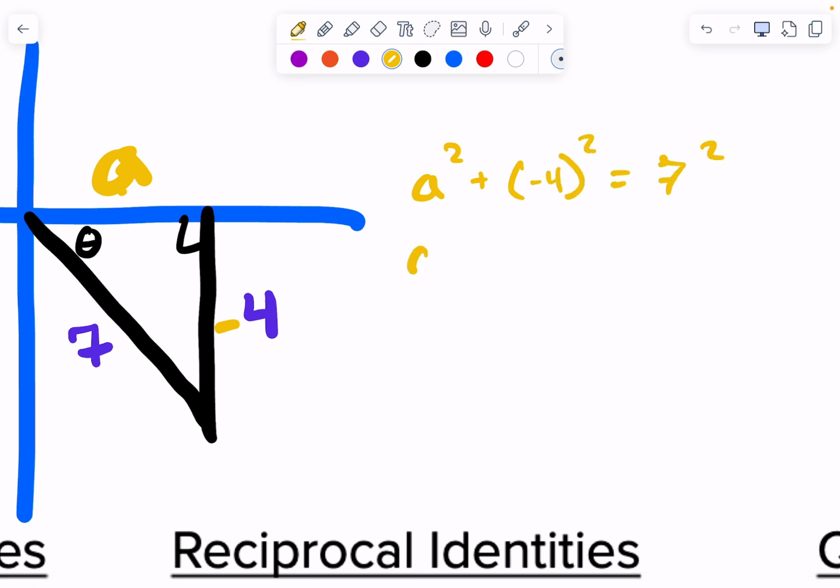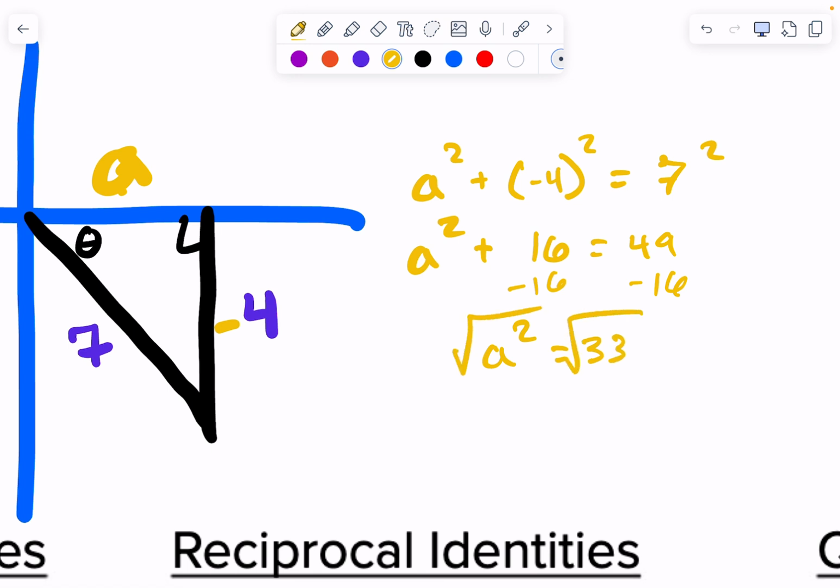What's negative 4 squared? Positive 16. So A squared plus 16 equals 49. Subtract the 16, and that is 33. So A is the square root of 33. We're going to leave it like that. Don't make it a decimal.